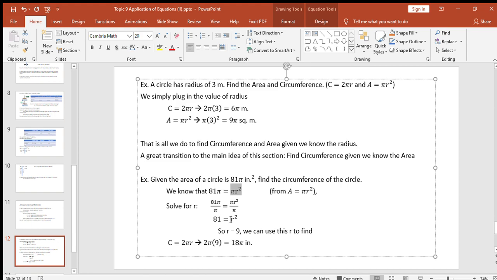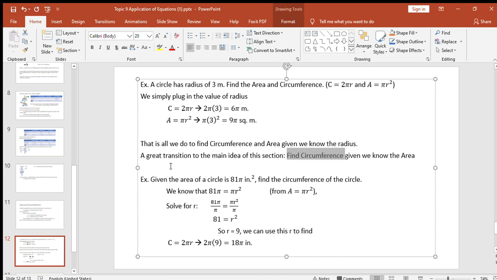Now what is the r whose square is 81? Some of you do this differently. Some of you do the square roots. Some of you just know it. I don't want to confuse you guys. So what number do we square to get 81? 9. So we're going to use r is equal to 9 to find the circumference.